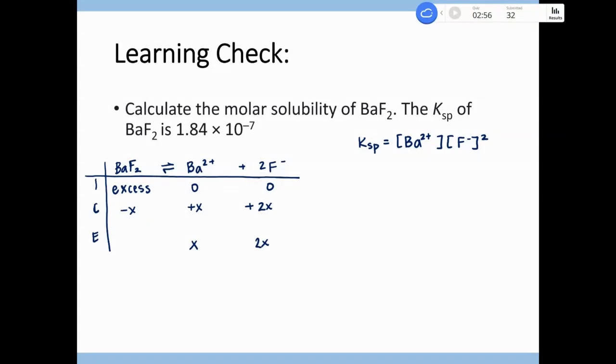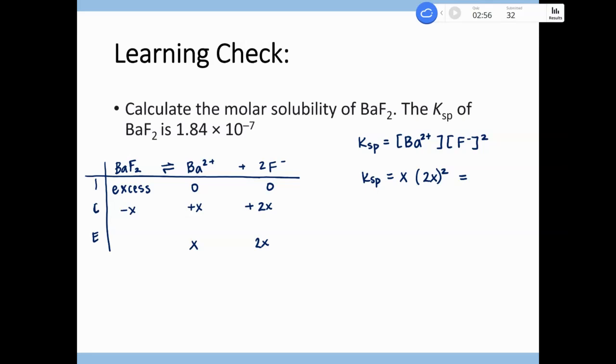We'll use KSP, so I'll do this on the right side. We have barium 2+ times F minus squared at equilibrium in solution. So this is x times (2x) squared, and this is equal to, oh, the square should be on the outside of the parentheses. So that square applies to the 2, making it 4, and the x, making it x squared.